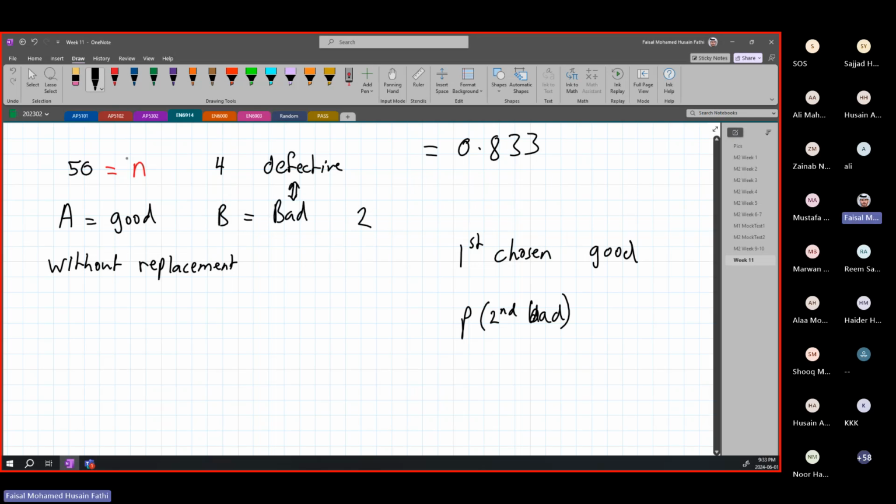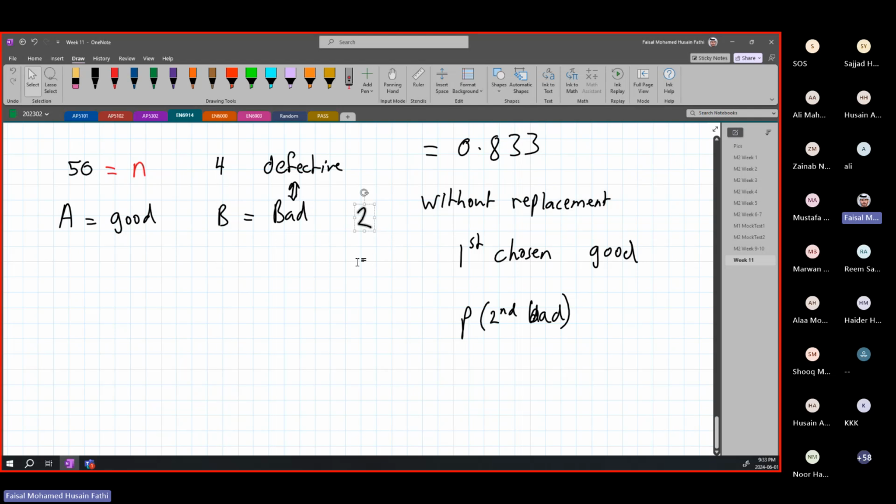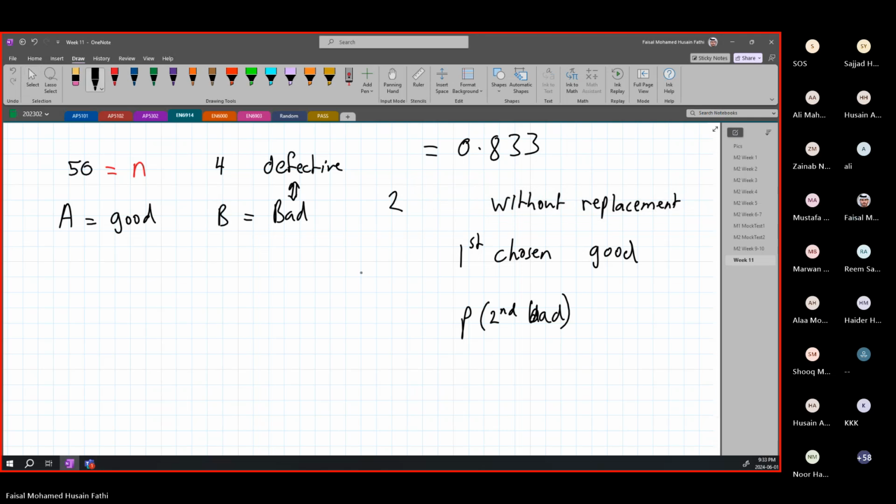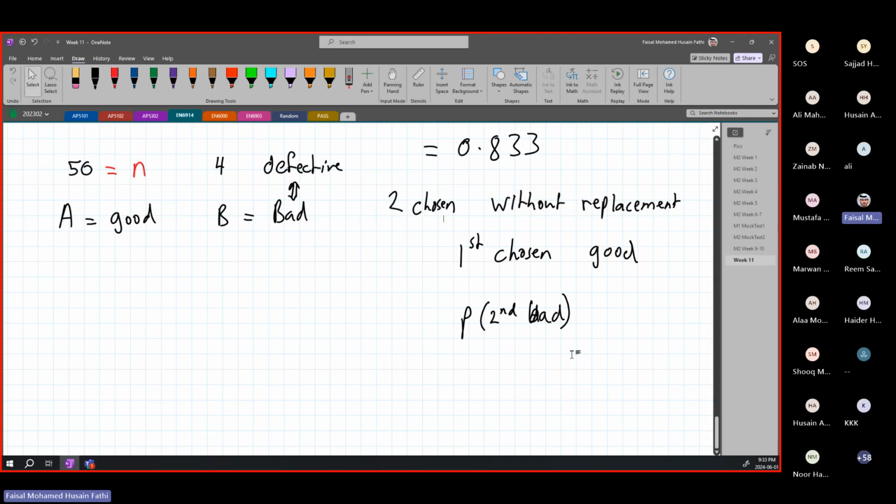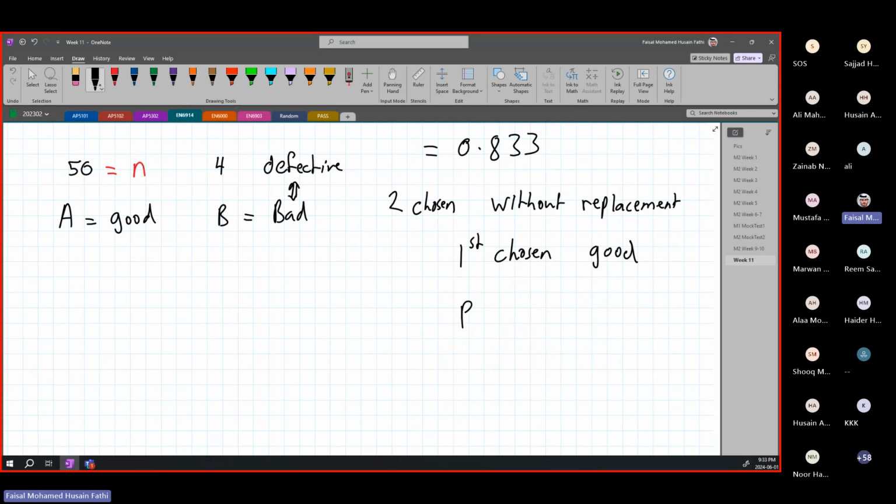Just to simplify it a bit. And it is mentioned that we have no replacement, that two components were chosen without replacement. The first one chosen was a good component, and the second one was a bad component. They want us to find the probability that the second one is bad, basically.